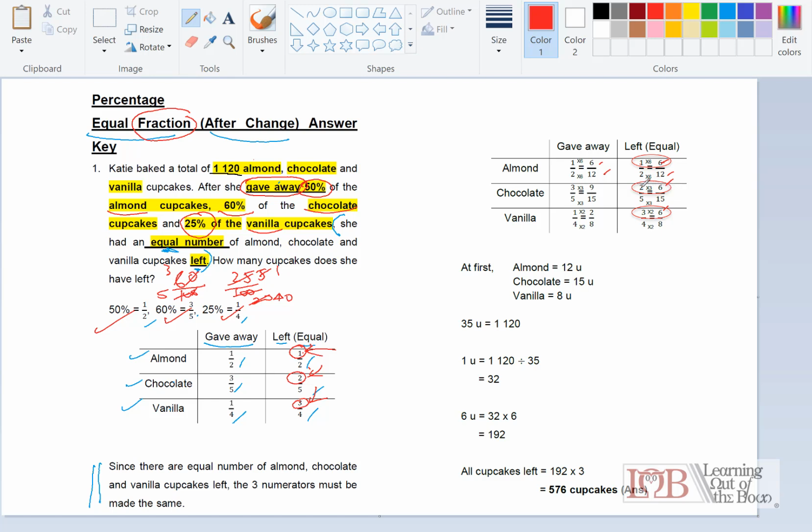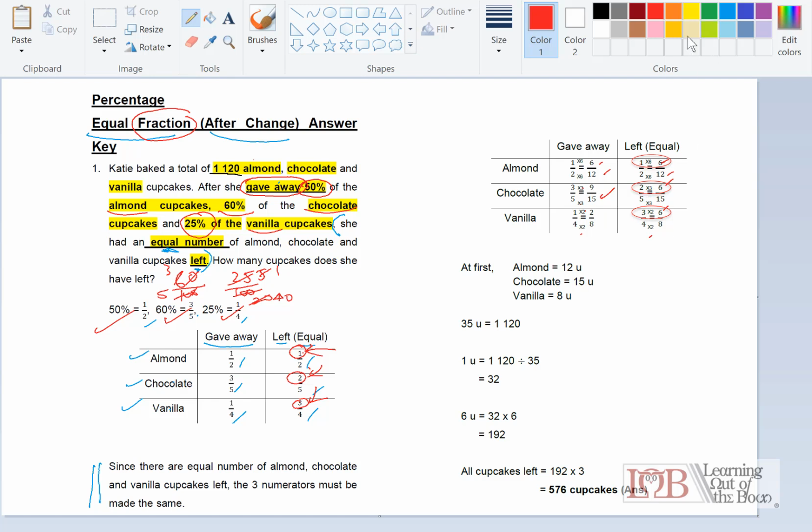So we have 2 times 3 to the top, and 5 times 3 to the bottom, so it's 6 over 15. Same thing here, times 3, times 3, okay? Then 3 times what is 6? 3 times 2 is 6, times 2 to the bottom, and 4 times 2 is 8. Okay, so again, times 2, you follow suit.